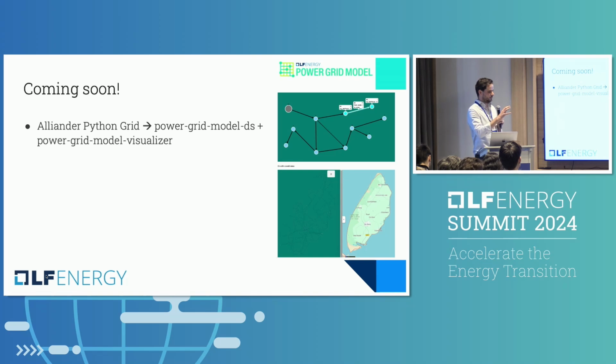It's a Python wrapper around Power Grid Model that has more functionalities where you can easily add new components or remove components for your grid. And we have Power Grid Model Visualizer, which will be in an alpha phase. But it's a start, and we want to open source it, where we can also do visualizations of the grid.